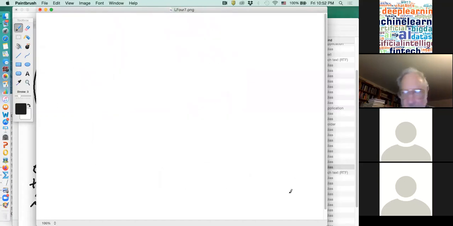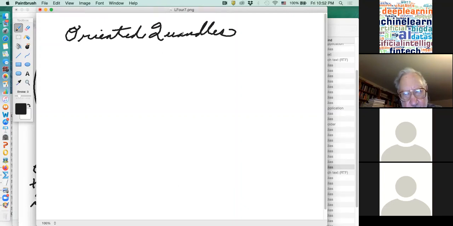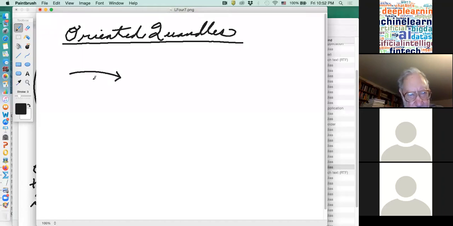So I'm going to talk about oriented quandles in a combinatorial way, and then we'll talk about the fundamental group today and see how these are related. In an oriented quandle, I'm looking at an oriented knot.